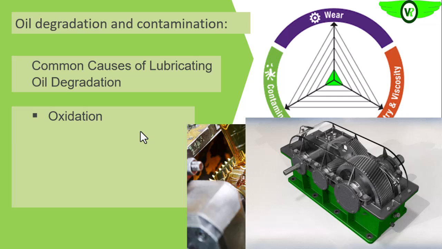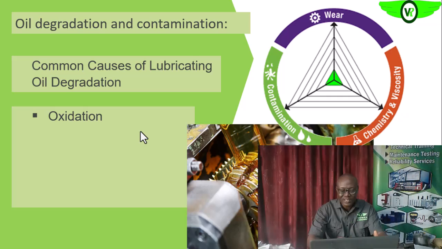You will see that oxidation can cause an increase in viscosity of the oil, which means that the oil chemistry has been altered. It tends to link the oil molecules together, thus forming larger molecules.